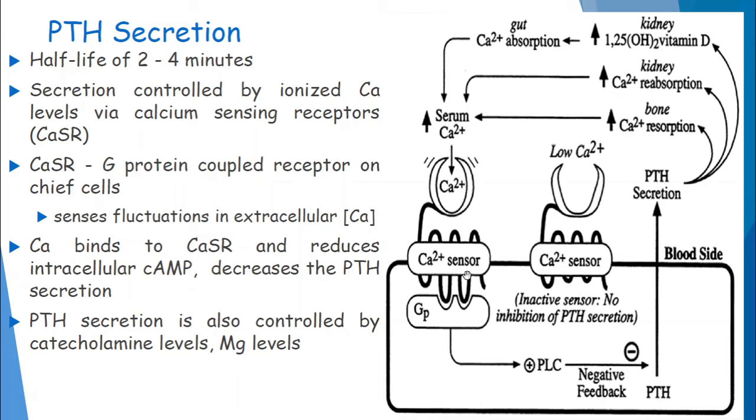In this figure, you can see that in the presence of low calcium, the calcium sensor remains in the inactive form and there is no inhibition of the parathyroid hormone secretion. In the presence of serum calcium, the calcium sensor senses the calcium and binds to it, and as it's a G protein coupled receptor, it has two different functions.